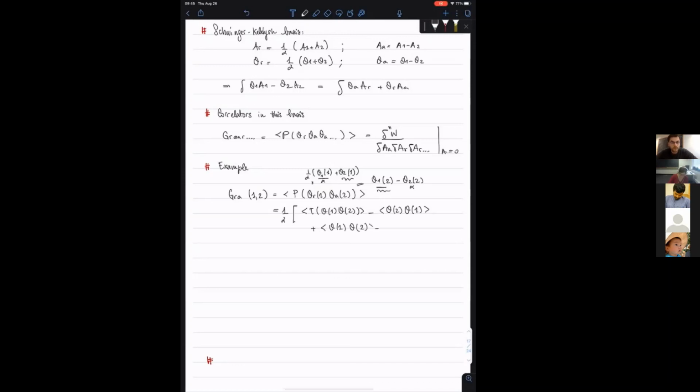And then multiplying this one here with this one, you will get the anti-time ordered correlation function, O1, O2.